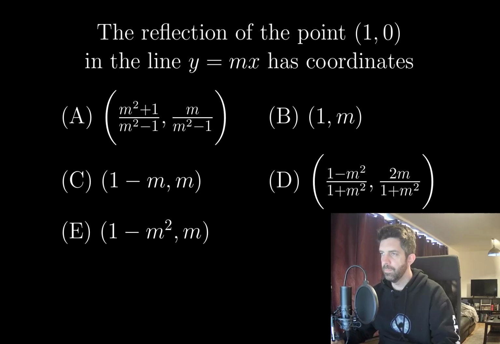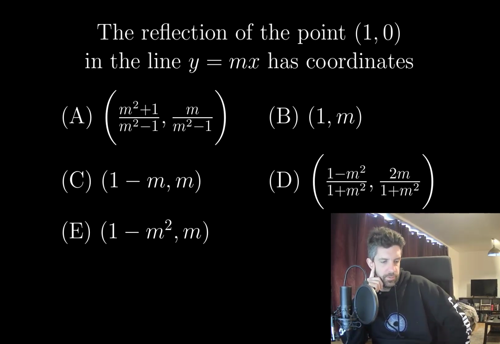My first thought here is to not totally brute force things, but if we drew a picture, drew this point, drew the line, dropped a perpendicular or an orthogonal projection, and then figured out how that works, that would get there. It might be pretty tedious, and I'm wondering if there is just an easier way to do this.